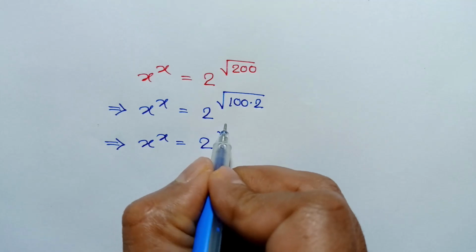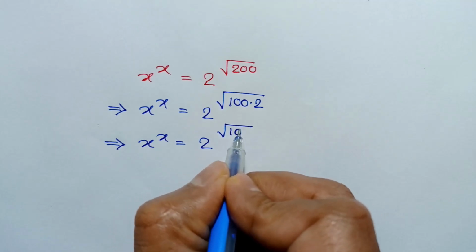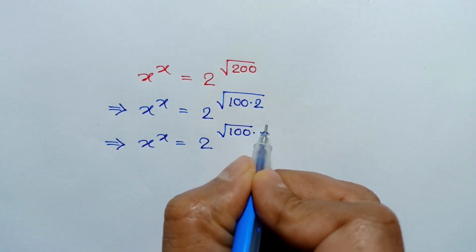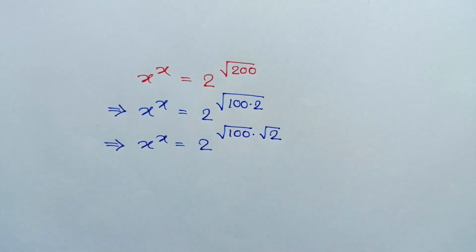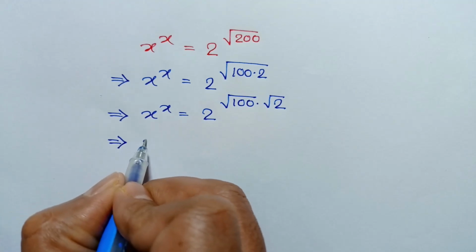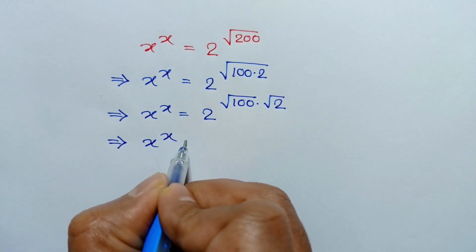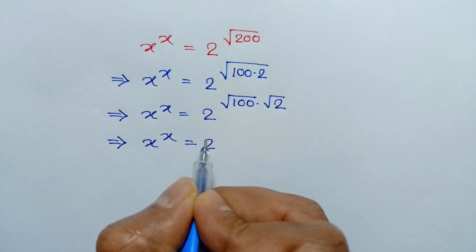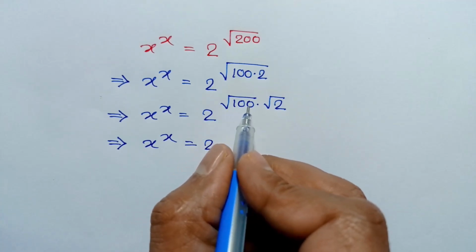This can be written as square root of 100 times square root of 2, or x to the power x is equal to 2 to the power square root of 100.